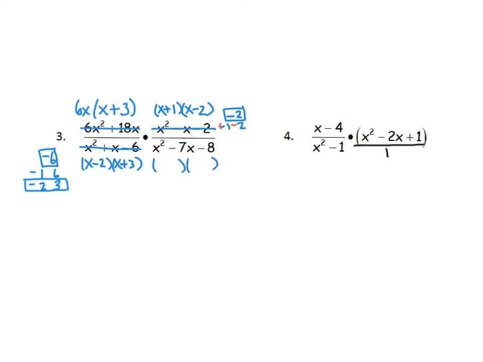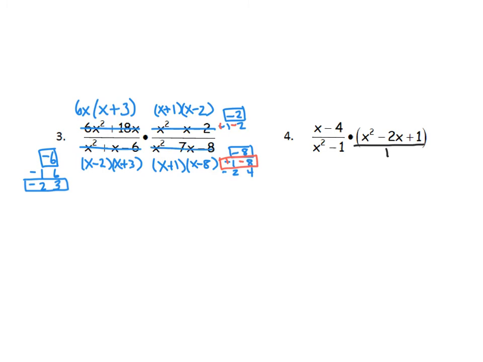The last one also needs to be factored. Notice we need to make the 1 positive and the 8 negative in order for these to add up to negative 7, which is what we need for our middle term. x plus 1, x minus 8.